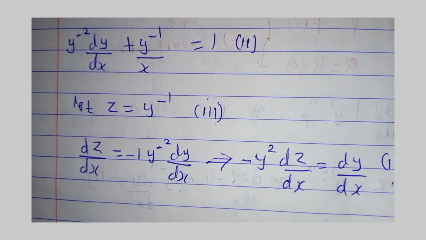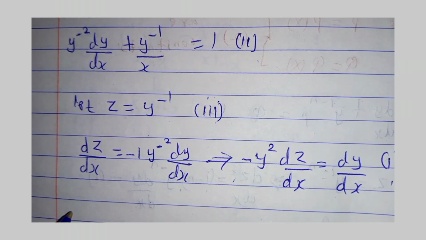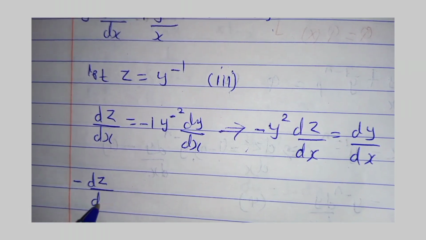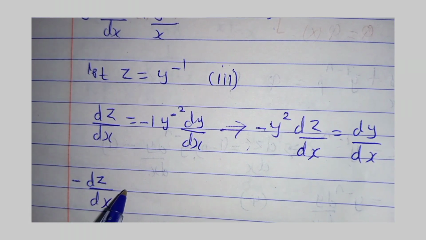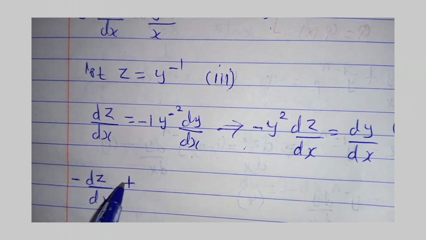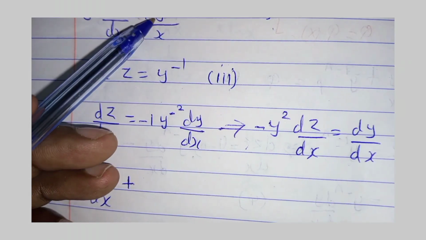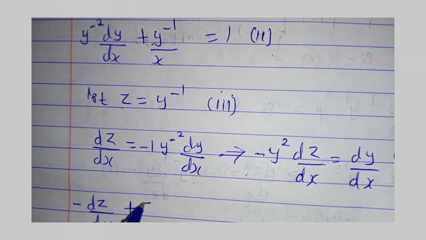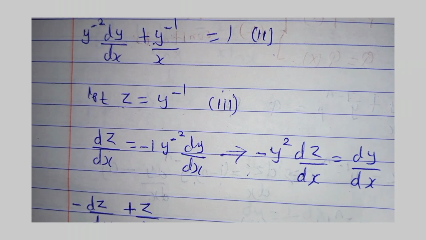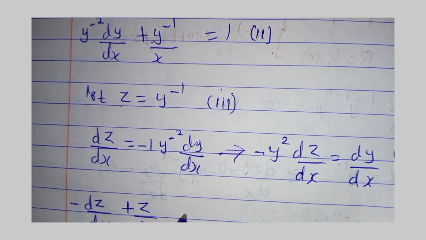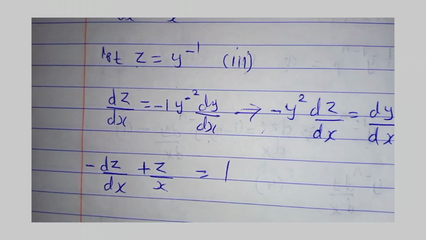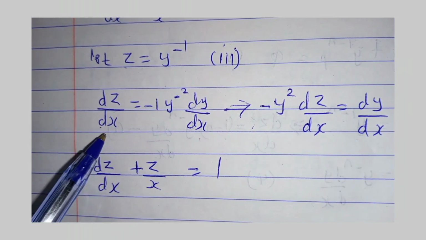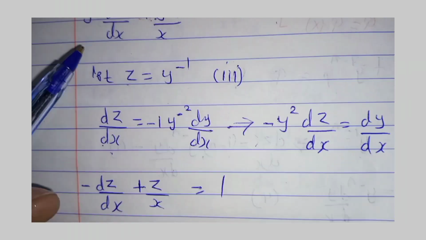So on the left hand side, we shall have negative dz over dx plus, instead of y power -1, we are going to substitute with z over x. This is equal to 1. So that is the result we obtain here. We are comparing dz over dx with this equation here.